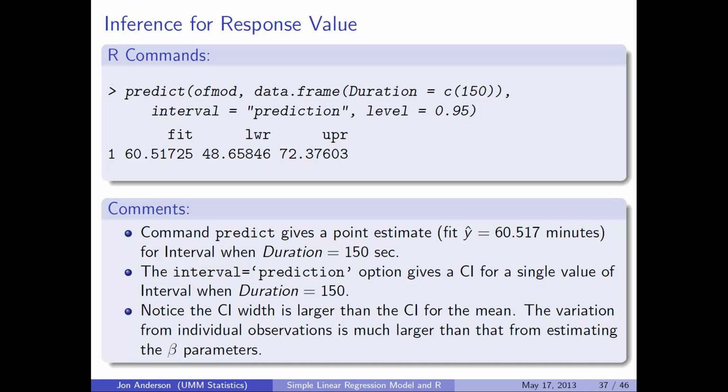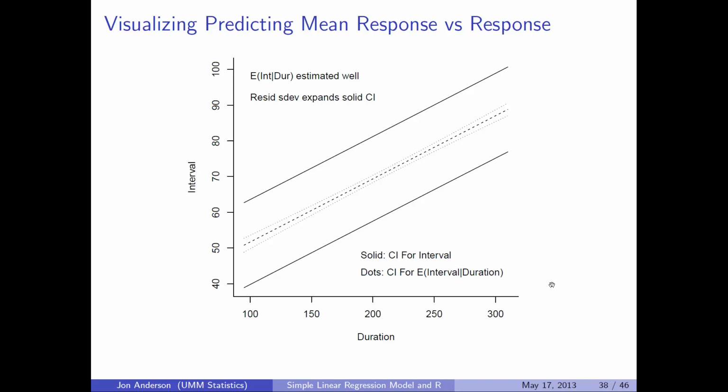You remember that on average, we had a pretty good idea that the eruptions are going to happen between about 59 and 61 minutes. But for individual eruptions, it's quite uncertain. And that's really the distinction here in the predict command. Here's a demonstration about that difference in variation on overhead 38. The solid boundaries represent how much uncertainty there is for an individual eruption, and the dashed boundaries represent the uncertainty we have in what's going on with the mean function.